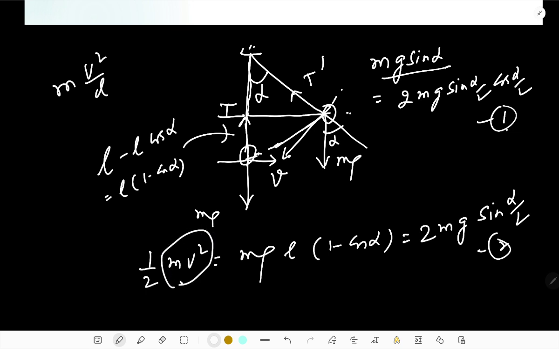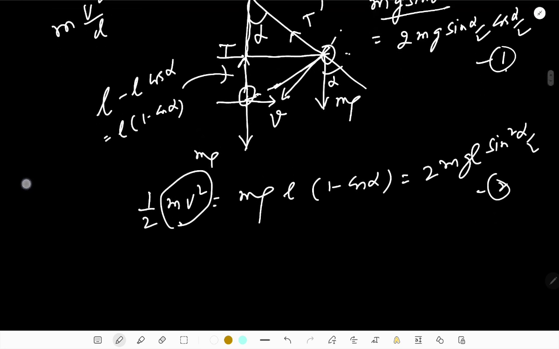By L I will arrange these things, mv square upon L. Yeah, L gets cancelled out, so here 1 L is left. Oh, this is 2 mgL sine square alpha by 2. Who wrote this? I did this. This was completely wrong. I was telling it right, but writing all incorrect things. This was 2 mgL sine square alpha by 2.